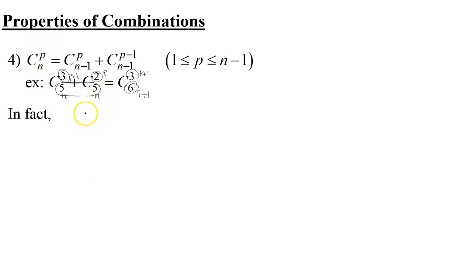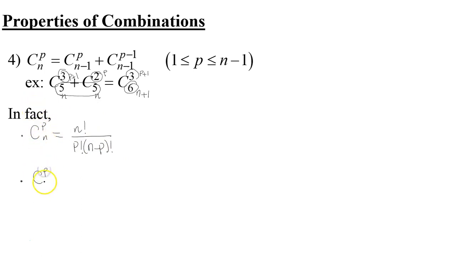Now, if we were to prove this, for the left-hand side, the combination of p out of n is again n factorial over p factorial times (n minus p) factorial. Over here, we're going to consider these two combinations and add them in order to reach this quotient so that we end up with the combination of p out of n.